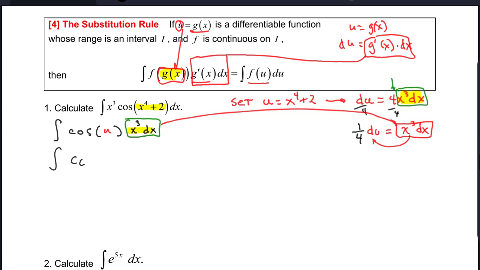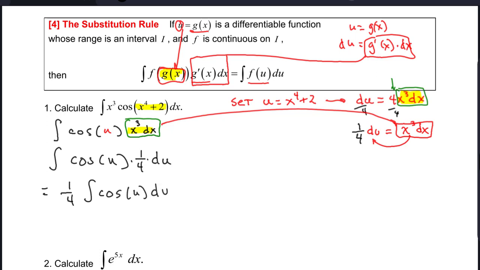The integral of cosine of u, take x cubed dx out and plug in 1/4 du. Now, honestly, I wouldn't write it down that way because 1/4 is just a coefficient. I would have skipped that step and just written 1/4 integral cosine of u du.